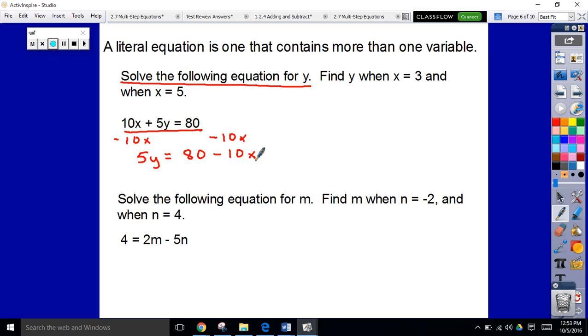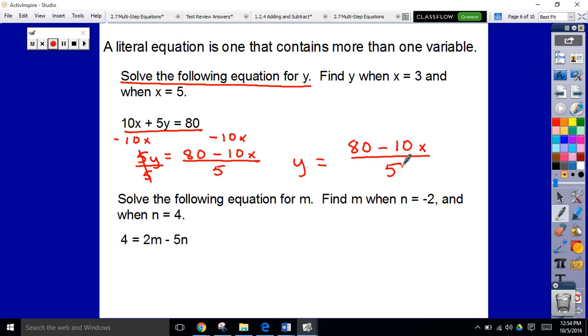What would I do if I needed to get y by itself? What's left to get rid of? Travis? Divide by 5. So I'm going to divide this side by 5. And when I divide this side by 5, I have to divide the whole side by 5. So on my left-hand side, the 5's cancel out, and my end result is y equals 80 minus 10x over 5.